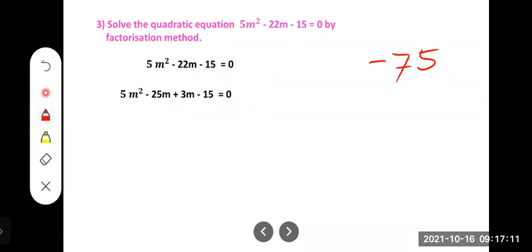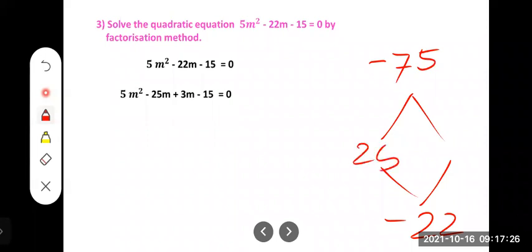And when adding or subtracting, how much do we have to get here? Minus 22. Clear, children? So minus 75 and minus 22 we have to get. So what are the two numbers? 25 3s are 75.